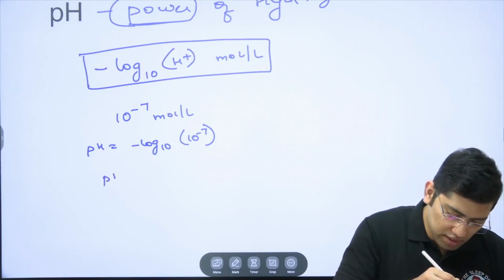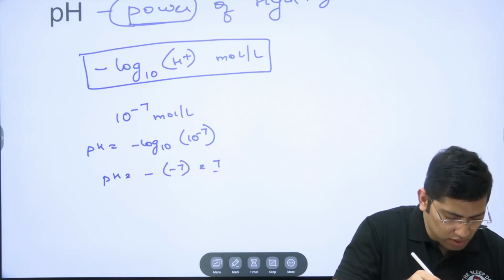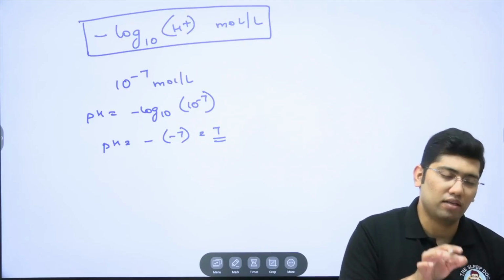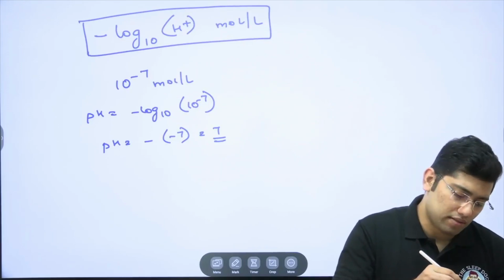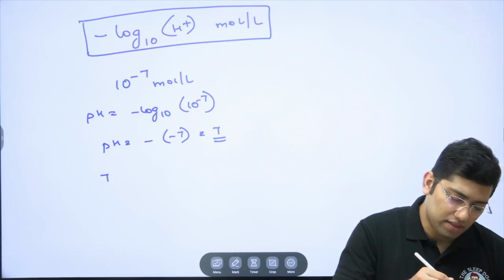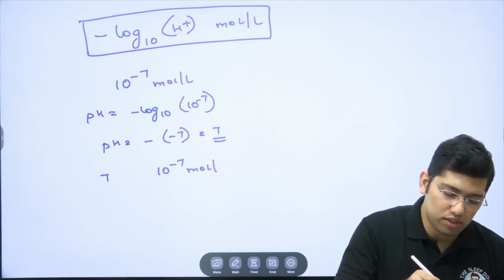So here pH is equal to negative of negative 7, which is equal to 7. So this is the base rule in pH. That is, for a pH of 7, the concentration is 10 raised to minus 7 moles per liter.